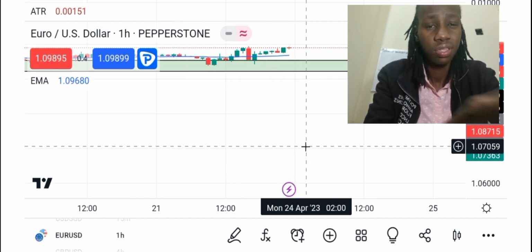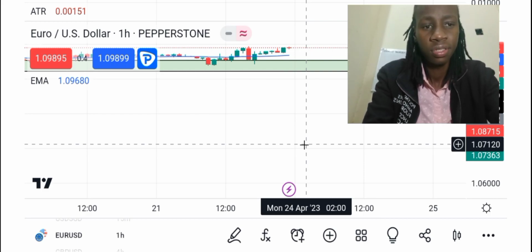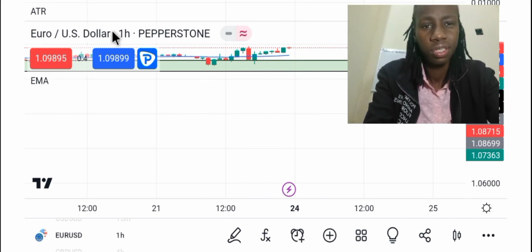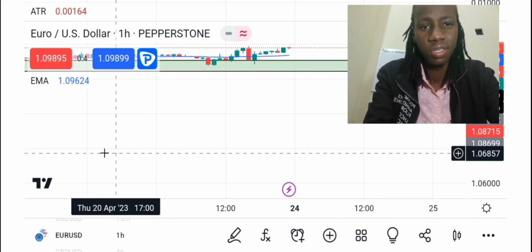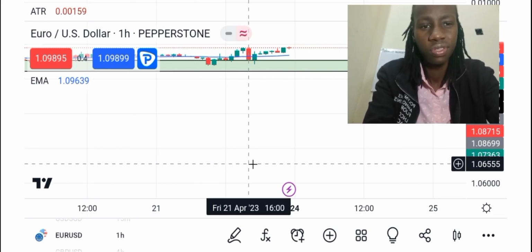You can see this currency pair on the Euro USD. It is a 15 ATR. We don't take these. The last digit is not very important. So we consider the first two digits, the last one you don't consider it.